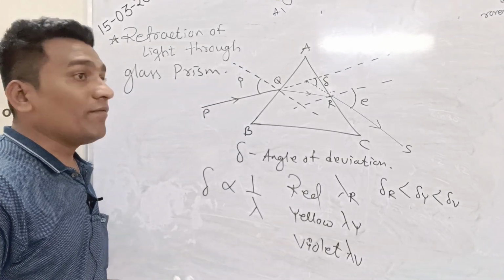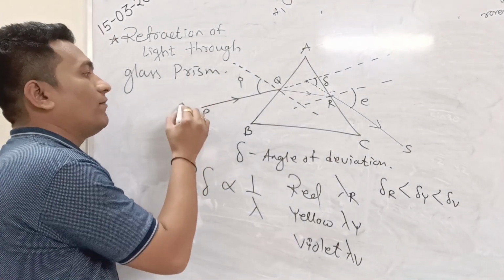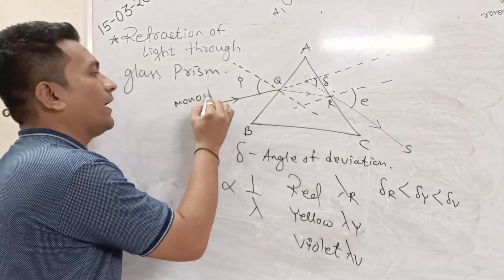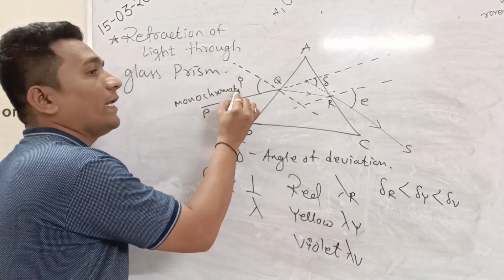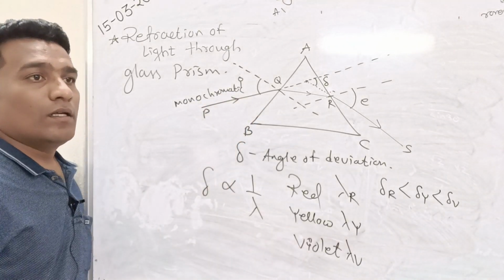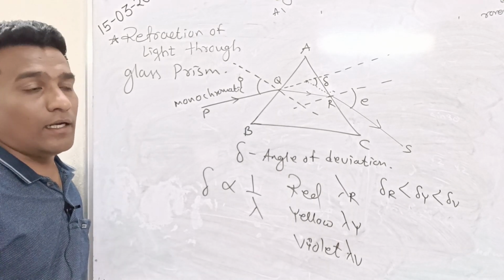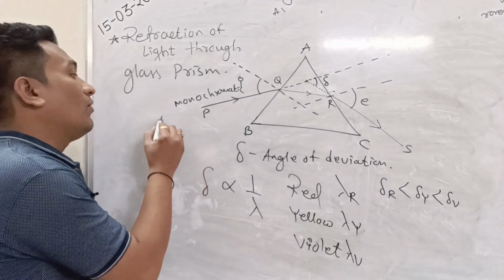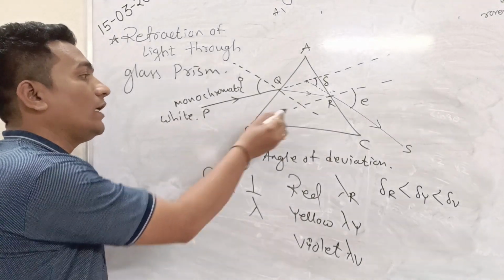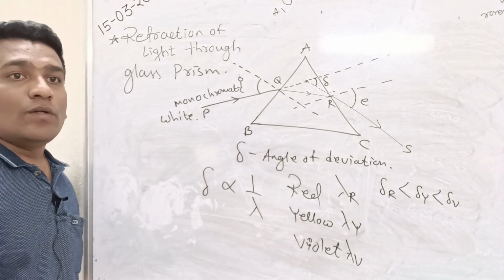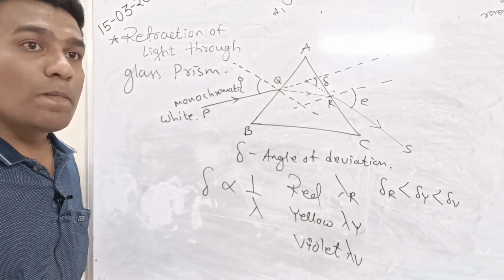The diagram which I have drawn here uses monochromatic light. What do you mean by monochromatic? Single color. Mono means single, chroma means color. What if I allow white light to pass through the prism? Why dispersion?